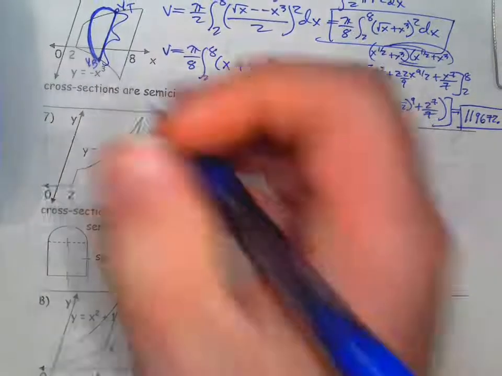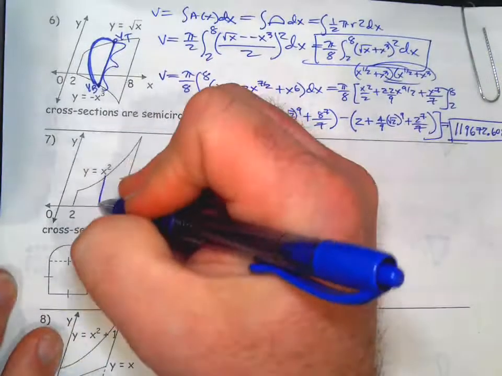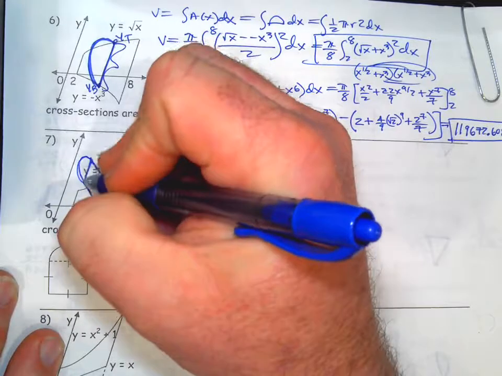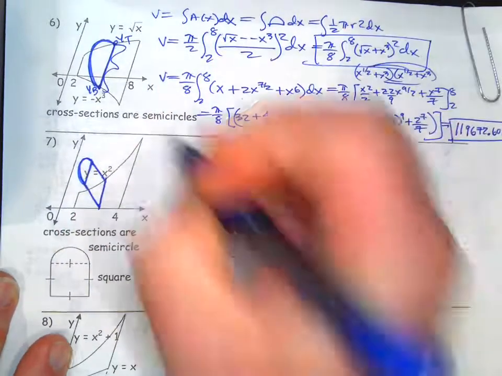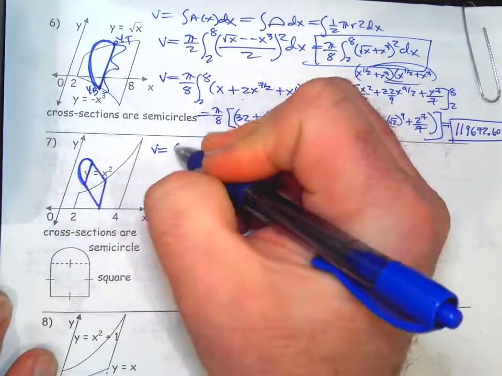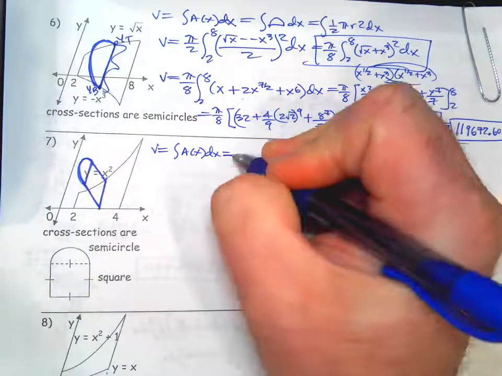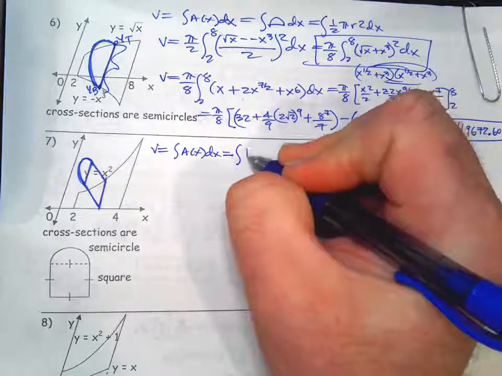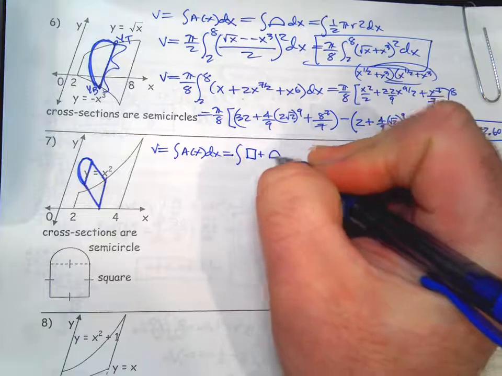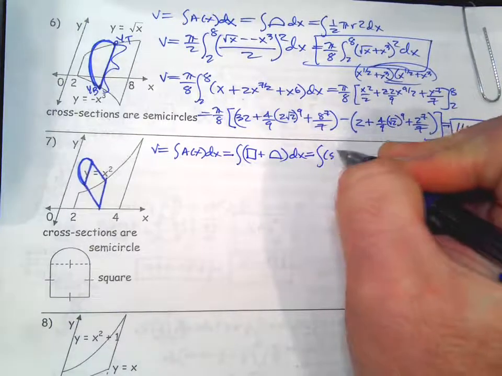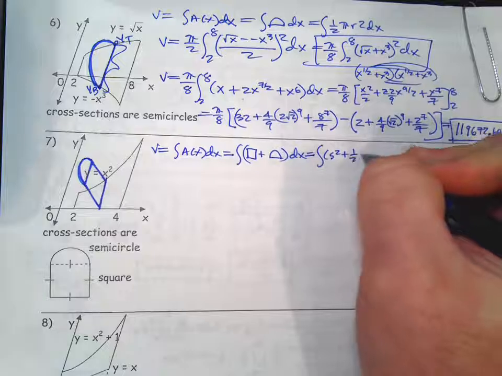Let's see. Cross sections are getting a little more complicated. So it's going to be square with half of a circle on the top. So the volume is going to be some area in terms of x dx. And so it's going to be a square plus half a circle. Right, so it's going to be side squared plus 1/2 pi r squared.